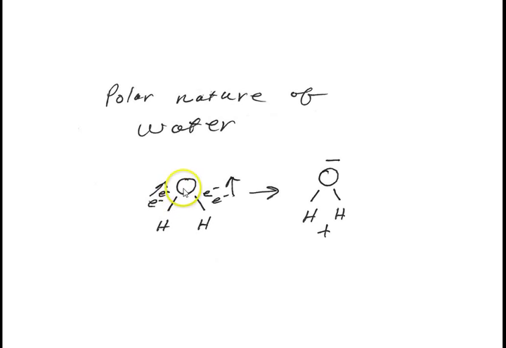Oxygen has a stronger pull for the electrons than the hydrogens. The electrons are skewed up towards the oxygen end, and so the distribution of charges on the water molecule is such that you have a weak negative charge on the oxygen end due to the collection of these electrons at the oxygen end, and a weak positive charge on the hydrogen end.